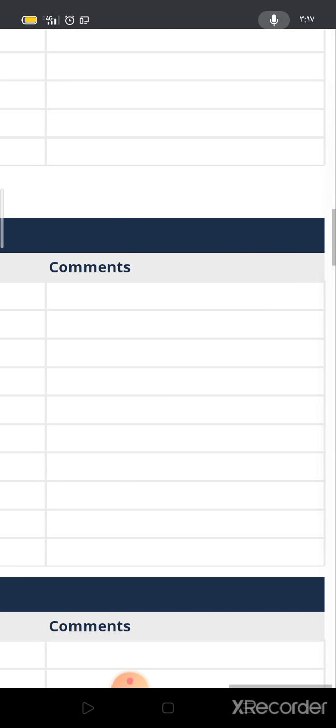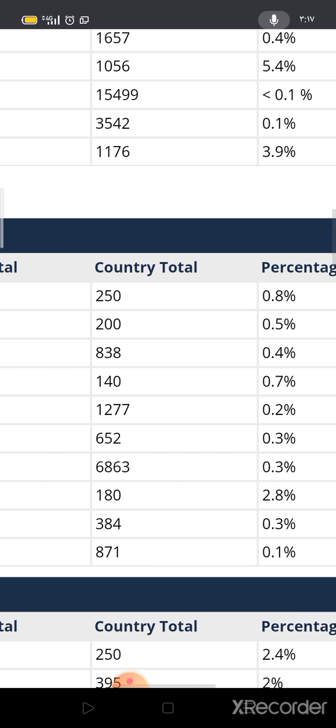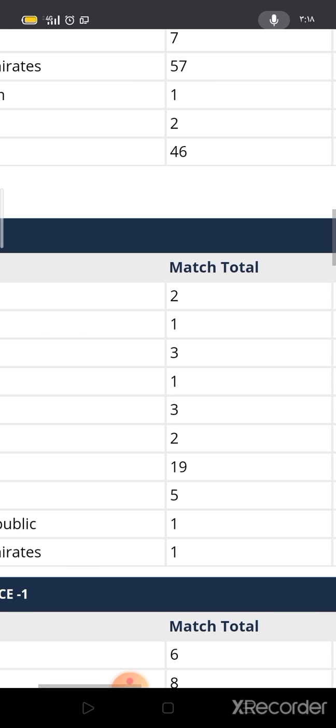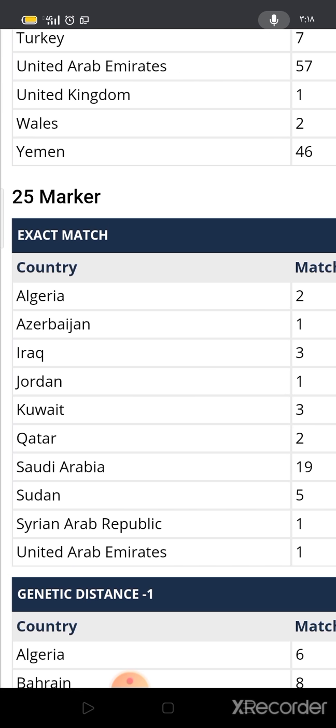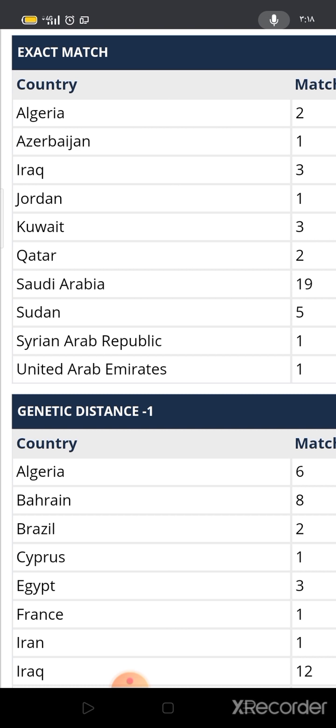Then I have, more logically, 0.8 among 250. I have 2 matches from Algeria. Okay, this is on the level of exact match and 25 markers. If we have genetic distance 1, that means we share the same 24 markers, but we have a difference in the last one.